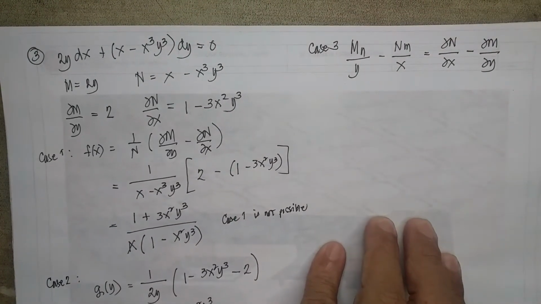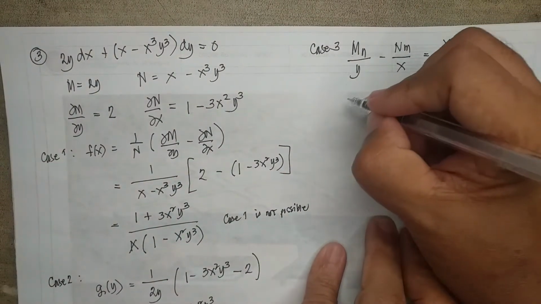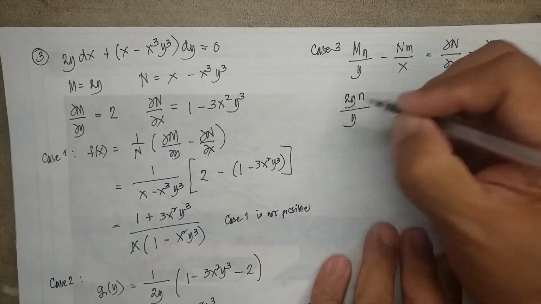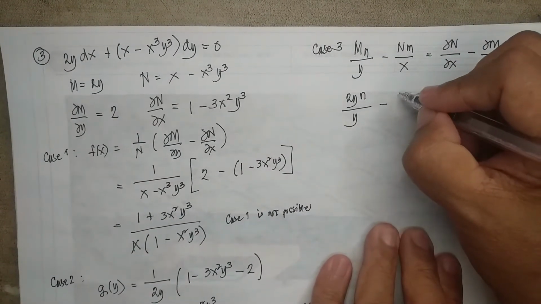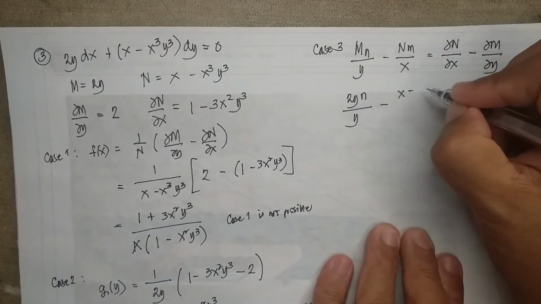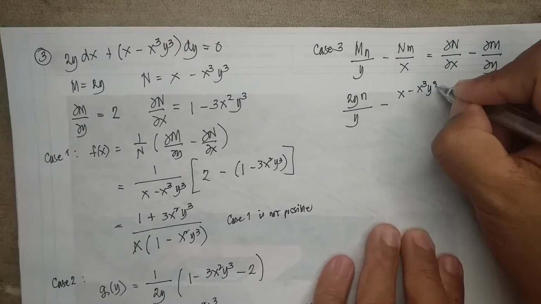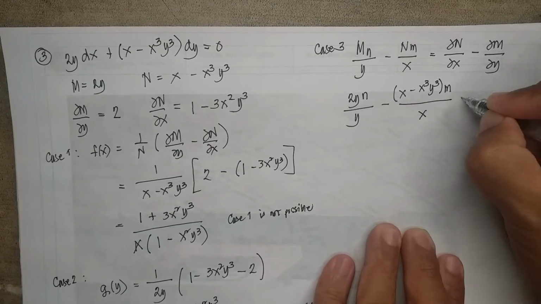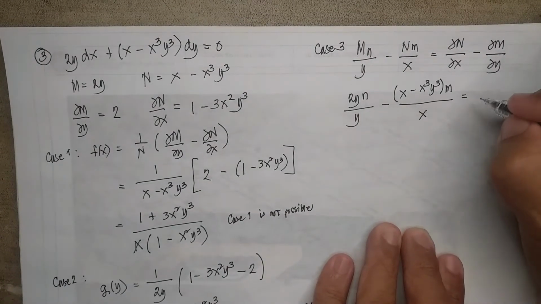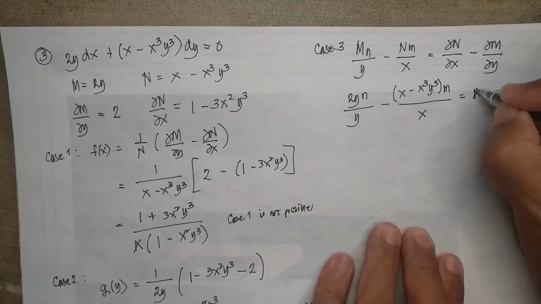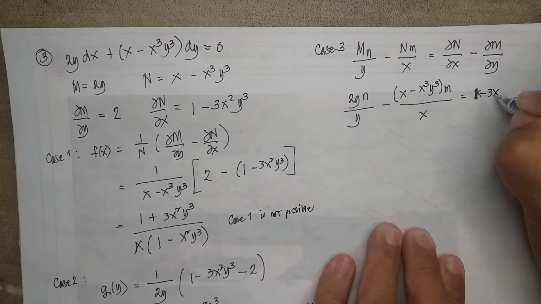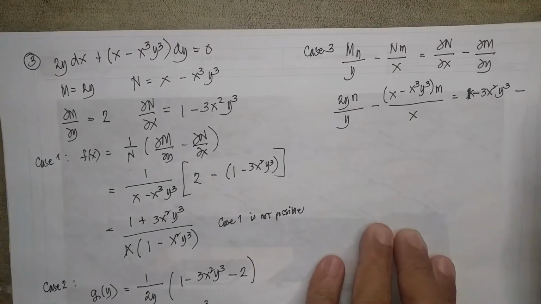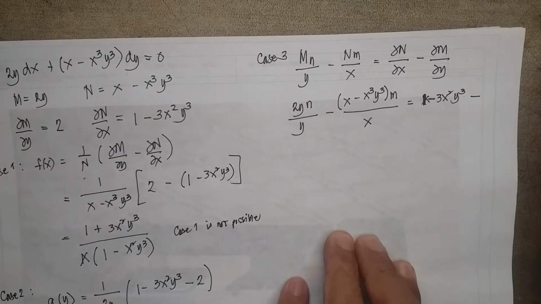Okay? So we have M. What is M? We have 2y times m over y minus n times x minus x cubed y cubed over x is equal to the derivative of N in terms of x, 1 minus 3x squared y cubed, minus the derivative of M in terms of y, 2.